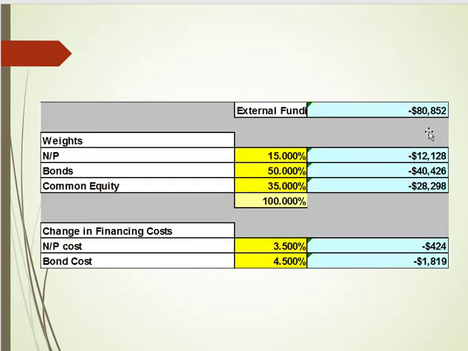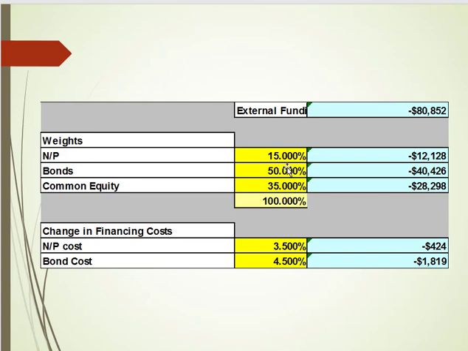So here's our $80,000. We've decided to change our structure. So we want net notes payable, $50,000 for bonds, 35% for common equity. So this is how that's going to be paid off. Now we don't have notes payable.